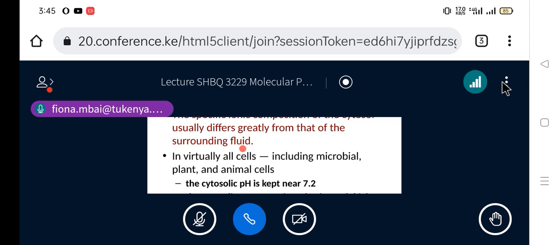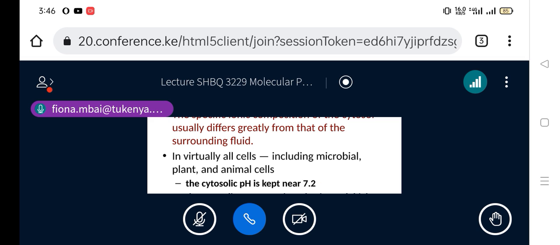The extracellular fluid can be in the lumen or in the extracellular matrix. In virtually all cells, including microbial, plant, and animal cells, cytosolic pH is kept near pH 7.2. And we've just gone through how this is regulated through the bicarbonate transport.